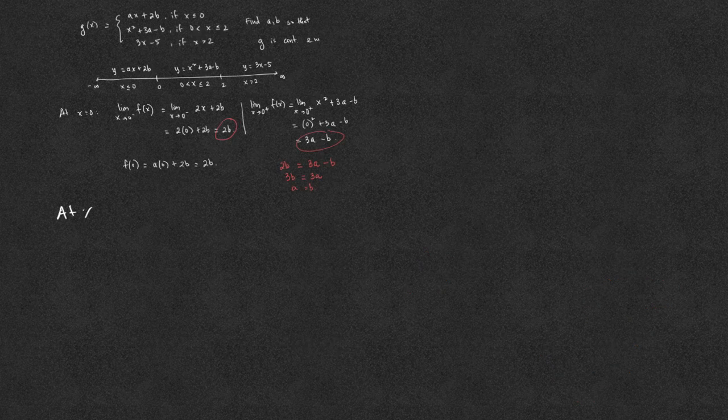At x equals 2, g of 2 is 2 squared plus 3a minus b, or 4 plus 3a minus b. We use the part x squared plus 3a minus b because 2 is in the domain of this part.